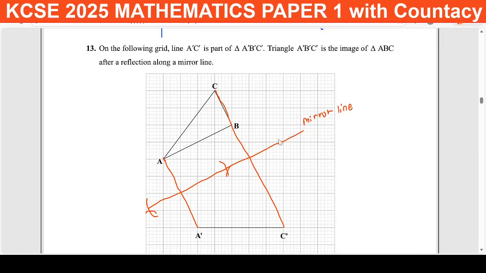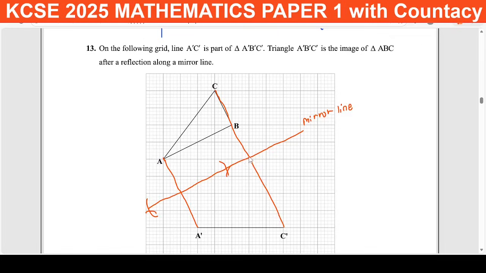So you also need to get the other marks. You see, the nearer something is to the mirror line, the nearer it is to the image. You see, this C is so far from the mirror line, therefore this C, which is the object, is far from the mirror line, and because of that, its image will be just as far from the mirror line, in an equal measure.